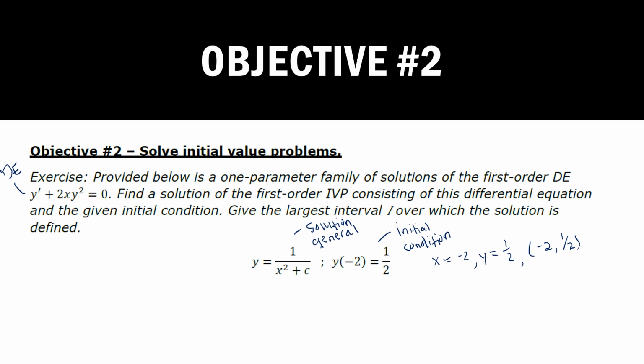So I'm going to go to the next slide to start that. All righty. Okay, so we know our general solution and we know our initial condition. Our initial condition was y of -2 equals 1/2, and we know our general solution is y equals 1/(x² plus c).